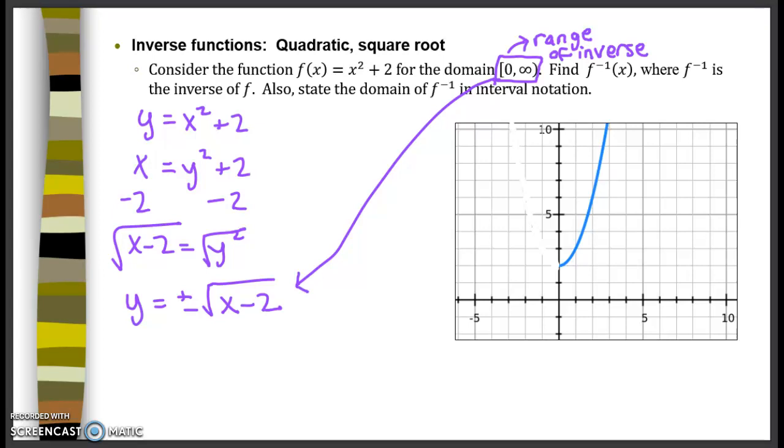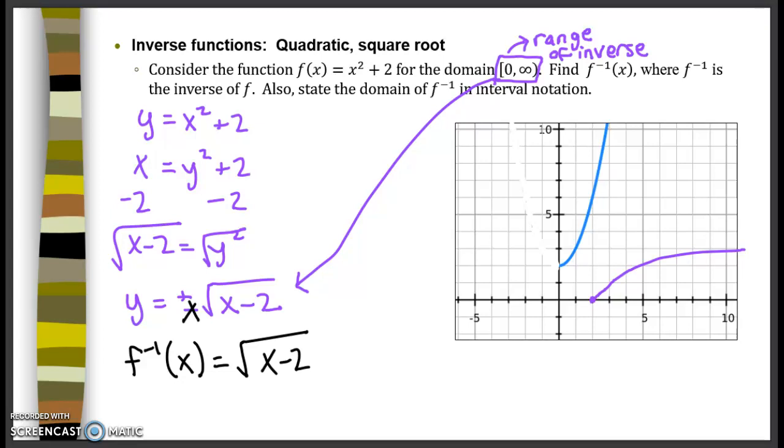Well, this function is going to look like this for the positive portion, then it's going to look like that for the negative portion, right? I want to flip over the line y equals x, so I'm only going to consider the positive. I only need the positive root. So my function f inverse of x equals the positive square root of x minus 2.